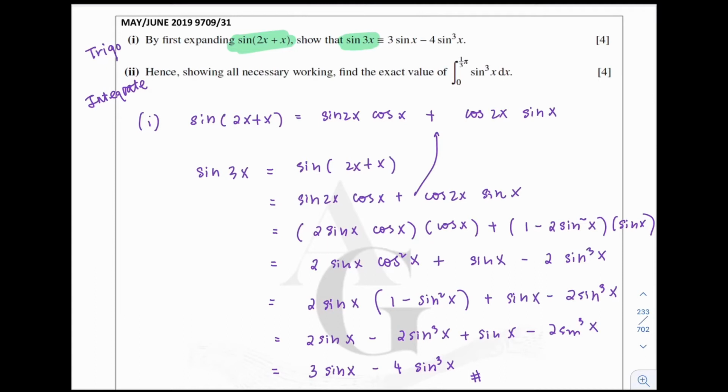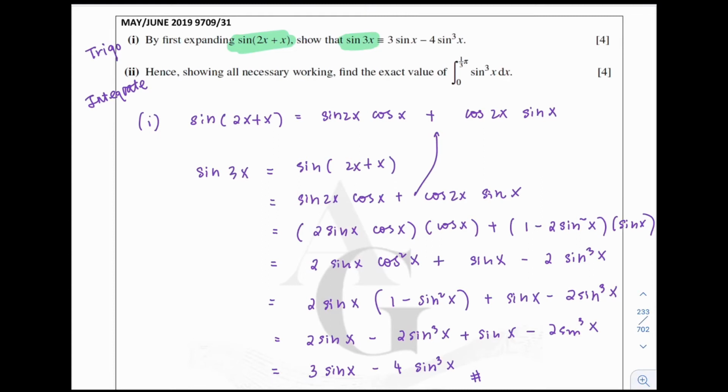As for part 2, have a look at part 2 here. Hence, again, hence means it's related to part 1. Showing all the necessary working, find the exact value of the integral of sin cube x, with limits from 0 to pi over 3. Please take note that we can't integrate trigo with power.